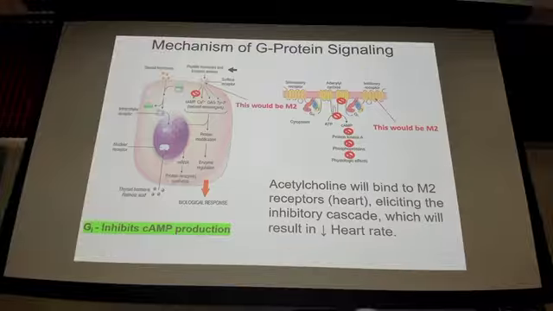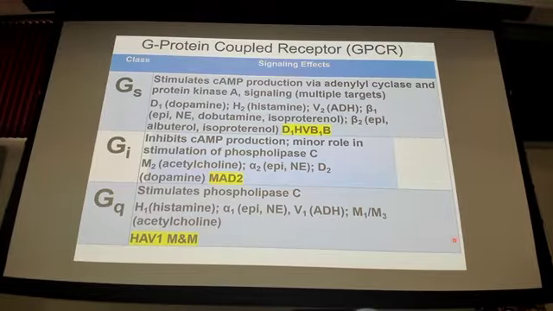Any questions about how G-coupled protein signaling occurs so far? Any questions about this pathway? I forgot to mention on this slide, dopamine is the natural, endogenous ligand that binds to dopamine 1 receptors, as with histamine, antidiuretic hormone vasopressin, and epinephrine and norepinephrine to beta 1.